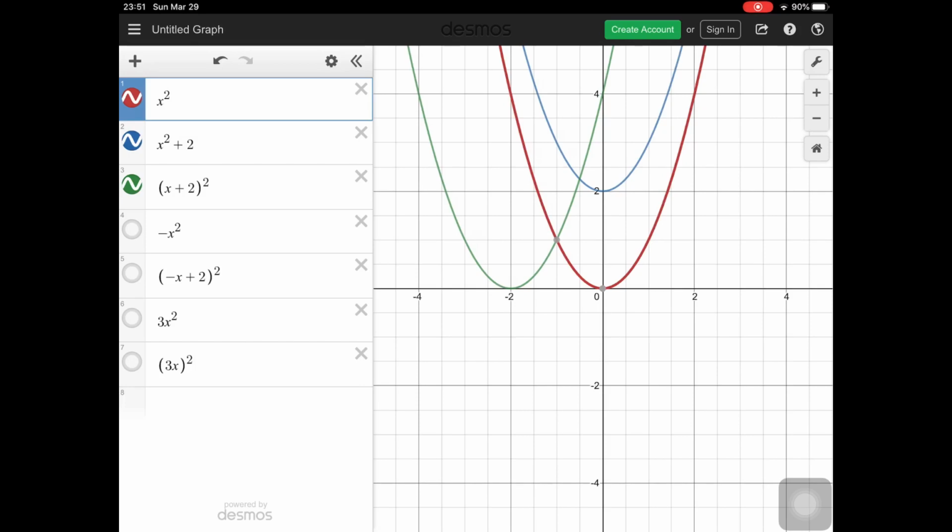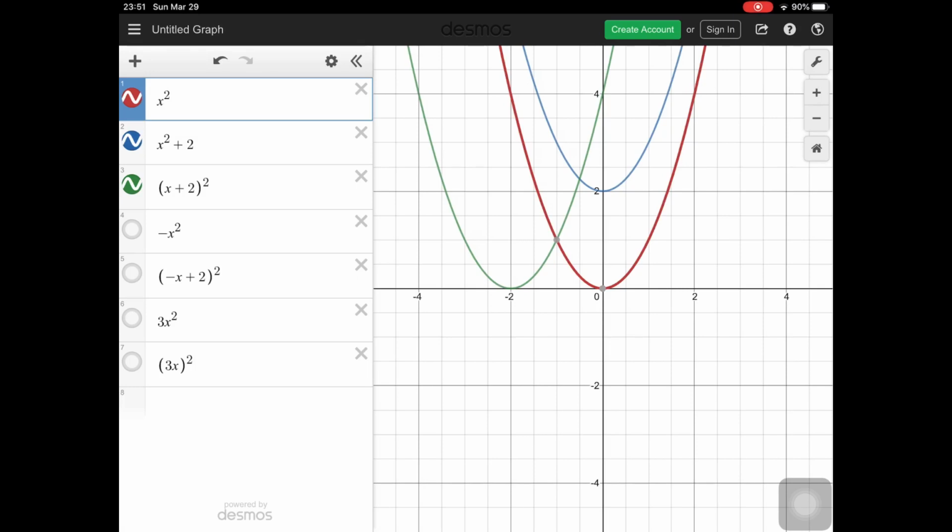But when we add plus 2 inside the parenthesis, the function actually moves left instead of moving right, okay? So pay attention to that. That's also a translation. For the first case, the blue function, we call that a vertical translation, 2 units upward. And for the second case, the green function, we call that a horizontal translation, 2 units to the left.